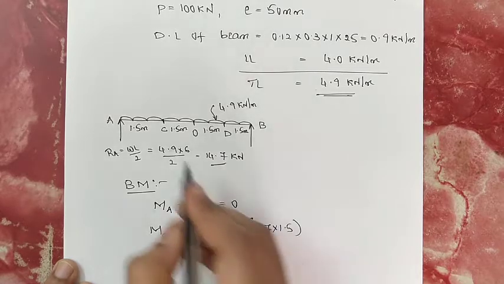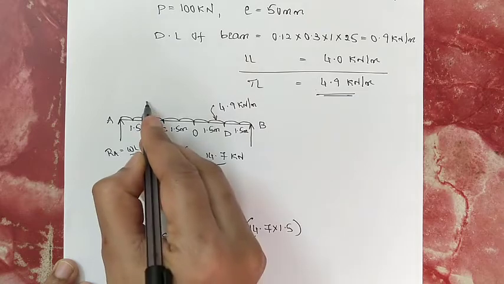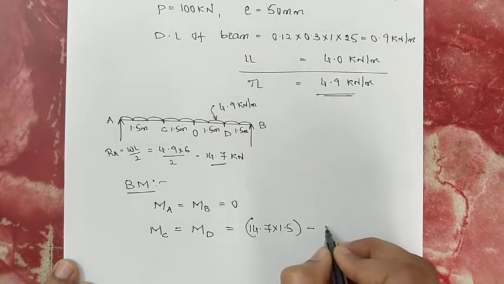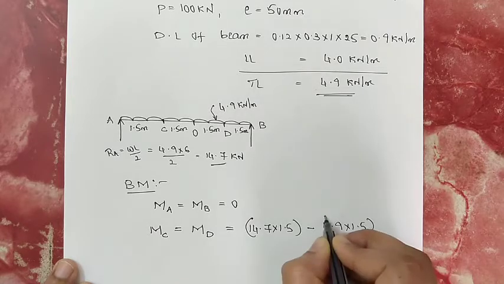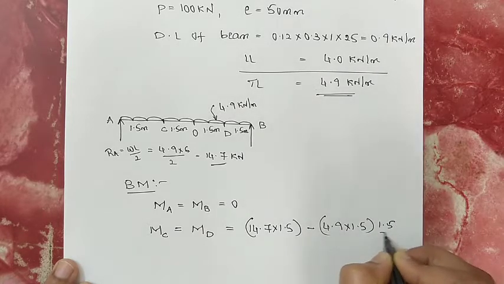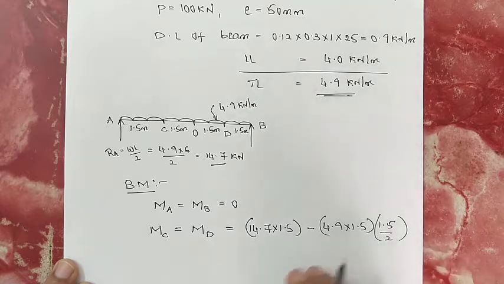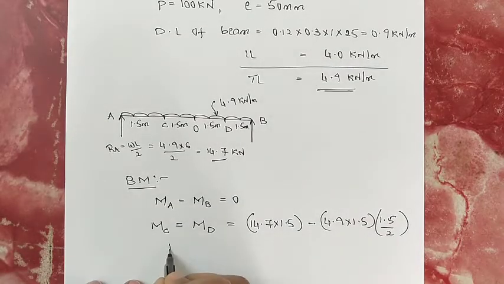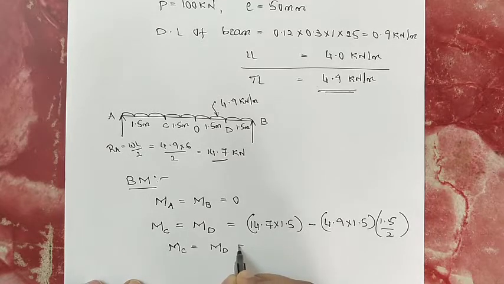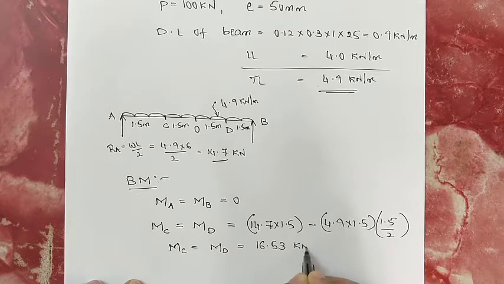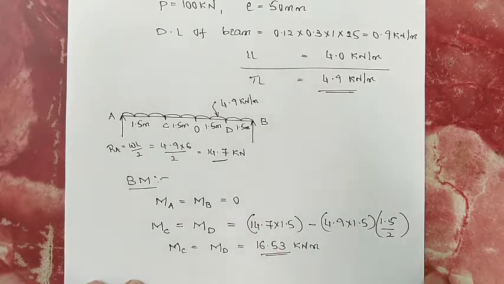The UDL is rotating anti-clockwise, so it is minus 4.9 into 1.5 into 1.5 divided by 2. Upon simplification you will get 16.53 kN meter. This is MC as well as MD.